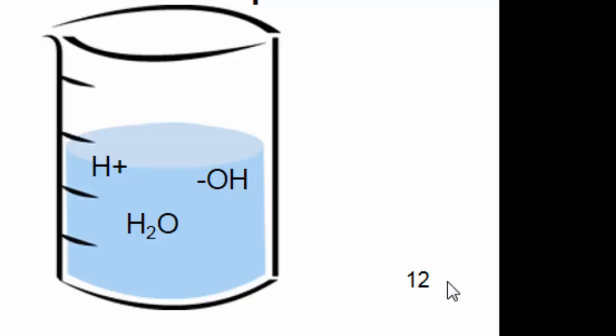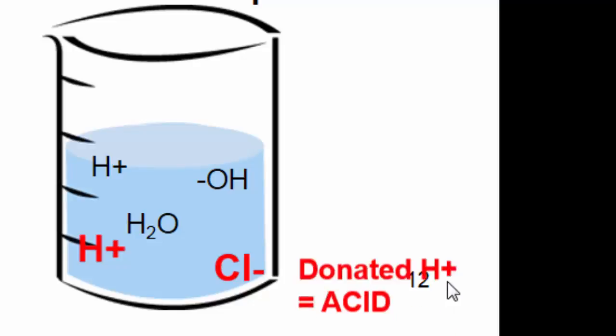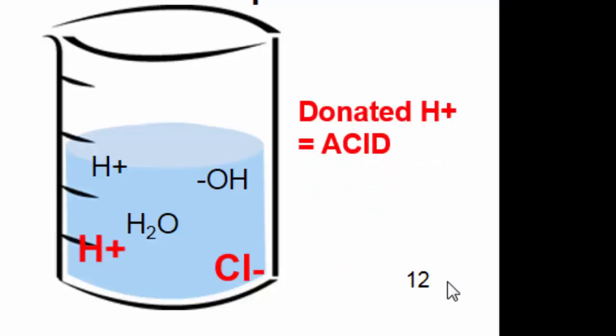But now let's add an acid to it, hydrochloric acid. Hydrochloric acid, when it's added to water, will break down into hydrogen ions and chloride ions. So now you can see how we've added hydrogen ions to the solution here. We had 1 hydrogen ion before the addition of the hydrochloric acid, and now we have 2 hydrogen ions. So hydrochloric acid is an acid because it donates hydrogen ions to a solution.